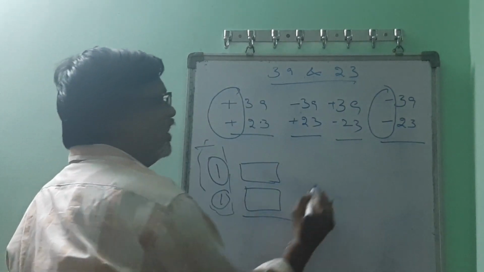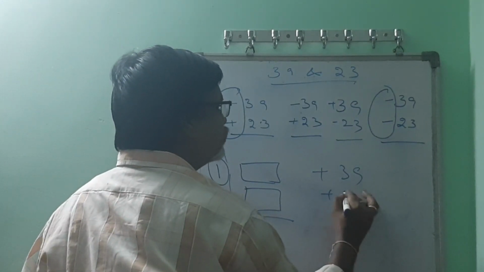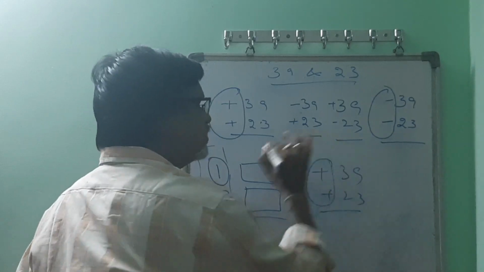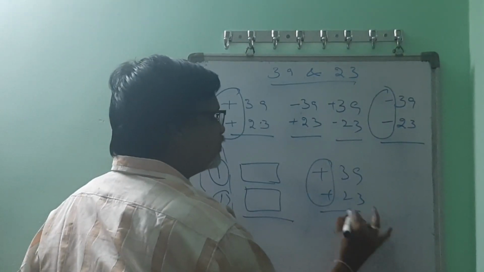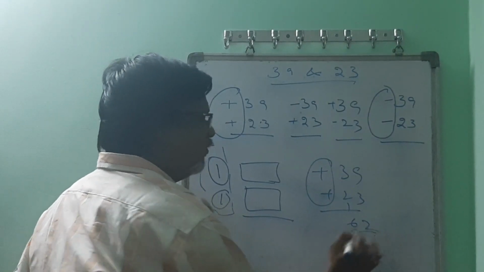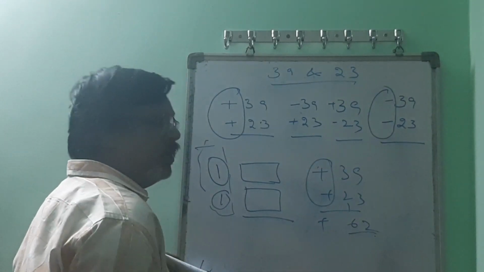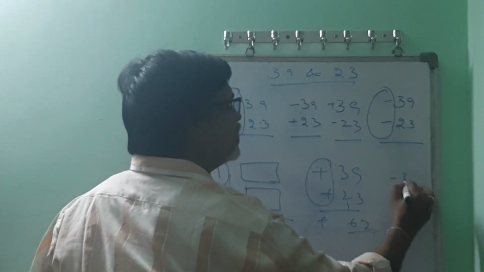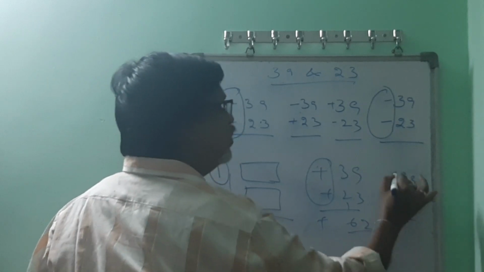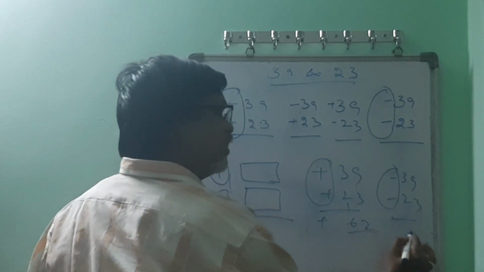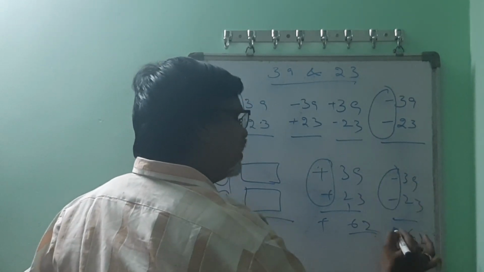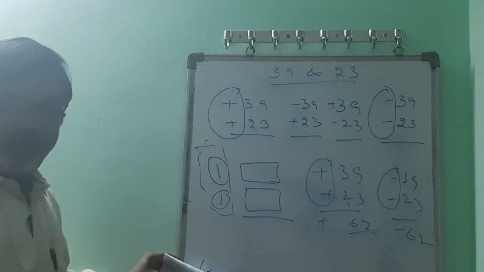So in this case, plus 39 plus 23, because both the signs are equal, simple addition will be performed and the plus sign will be put. In the case of minus 39 and minus 23, both the signs are the same, so it performs simple addition and the sign will be put as negative.